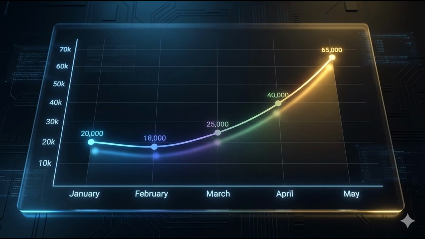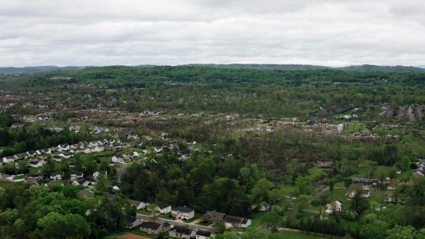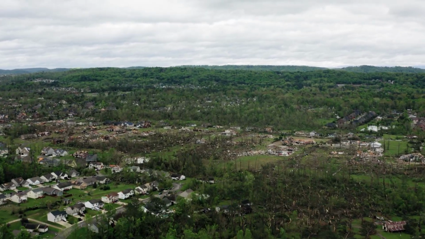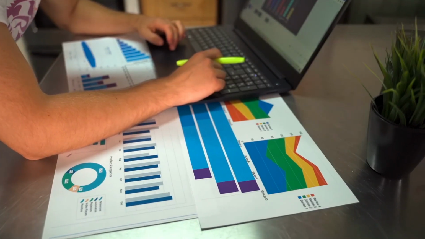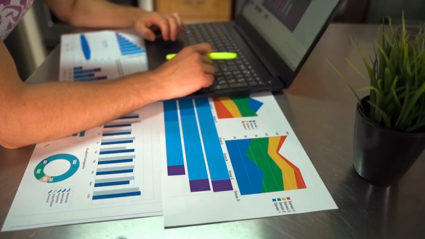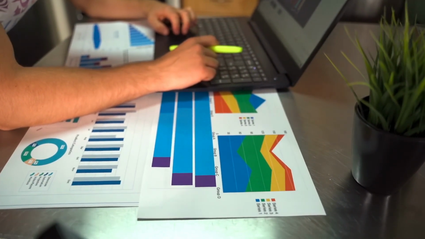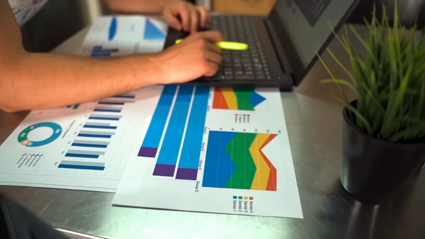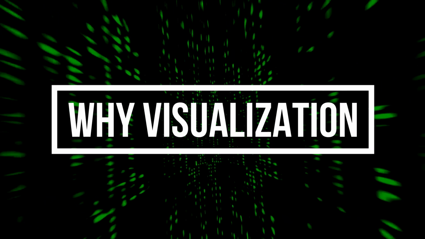Now imagine I show you a line chart. Instantly you know sales dipped, then exploded, and April was the turning point. Same data, but different impact. And that's why companies don't run on Excel sheets alone. They run on visuals.